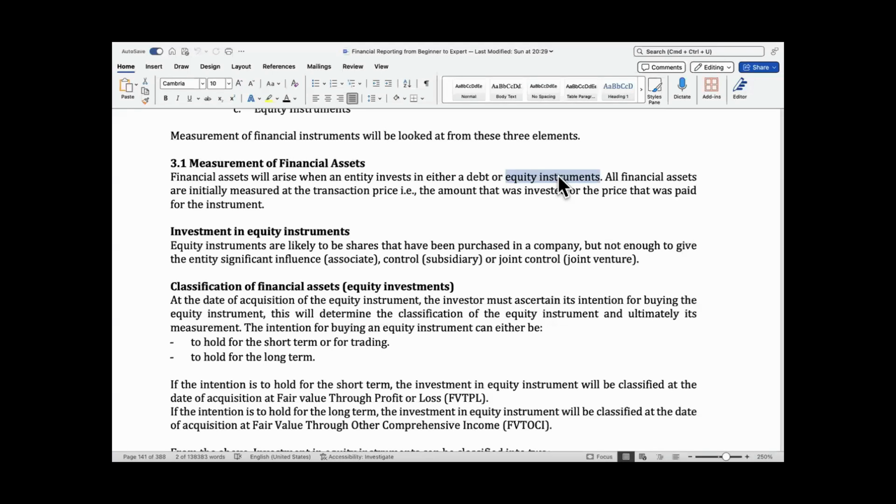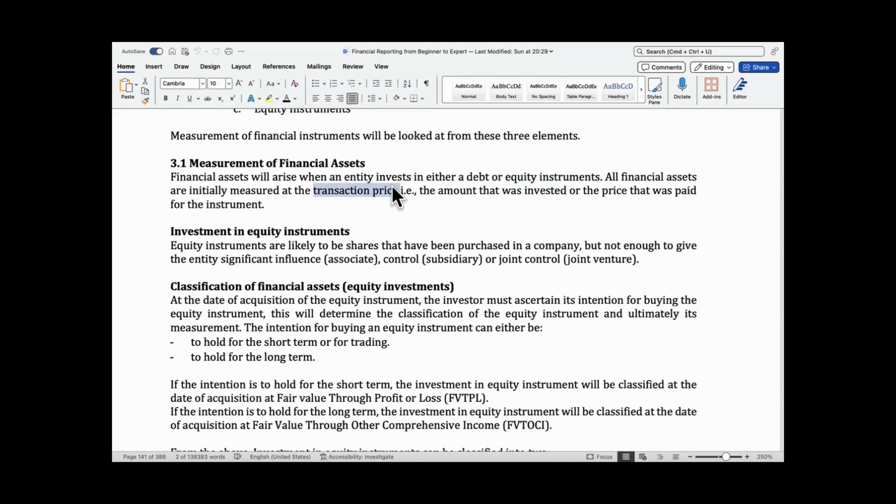So firstly, all financial assets, whenever you invest, whether you buy shares or you buy debt, are initially measured at transaction price.